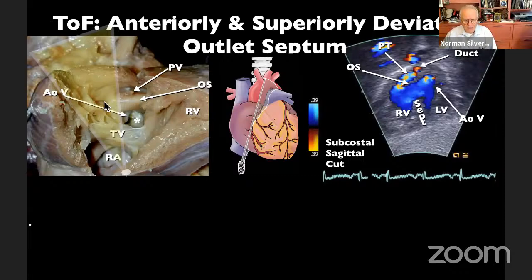And there's no way that this, in growing down, could come and close this ventricular septal defect. Through the ventricular septal defect, which is the star here, we see the cusps of the aortic leaflet and the cusps or the leaflets of the pulmonary valve. And this malalignment is absolutely classical.